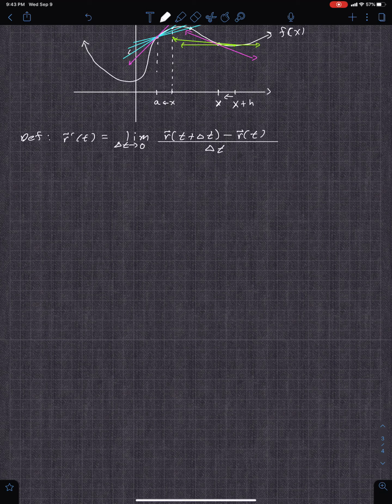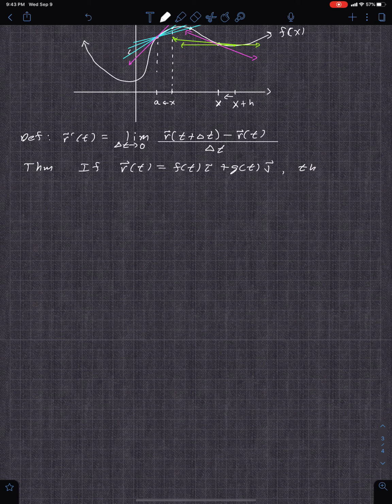So we have a nice theorem that says if r of t equals f of t i plus g of t j, and we'll just do it in 2 dimensions. If you keep going, it doesn't change at all the general case.